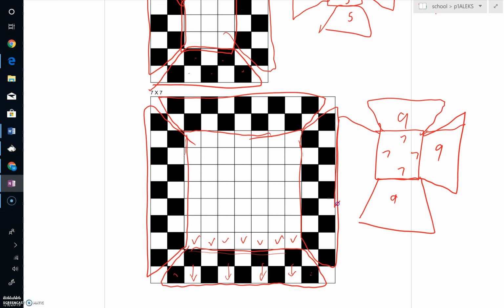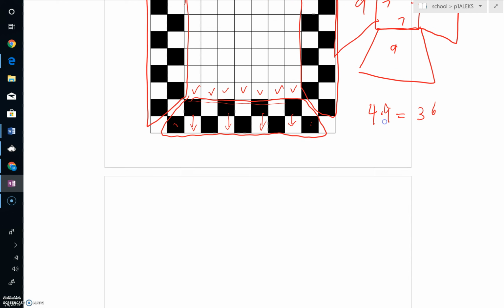And it doesn't take you too long to say, well, all these black tiles, I've got 4 groups of 9. 4 times 9 is 36. So tell you what, if we just do a real quick recap, we started off with a 5 by 5, right? And we said, hey, you're going to have all these groups.